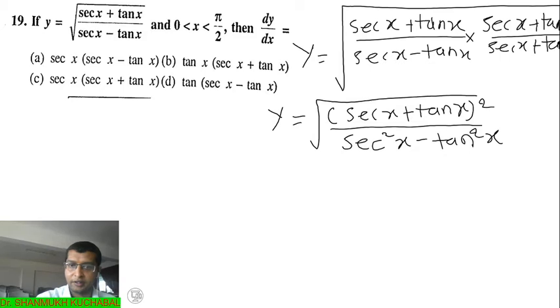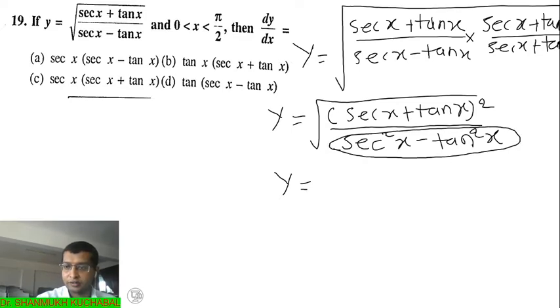The value of this denominator is 1, and in the numerator, square and square root get cancelled, so we get sec x plus tan x.